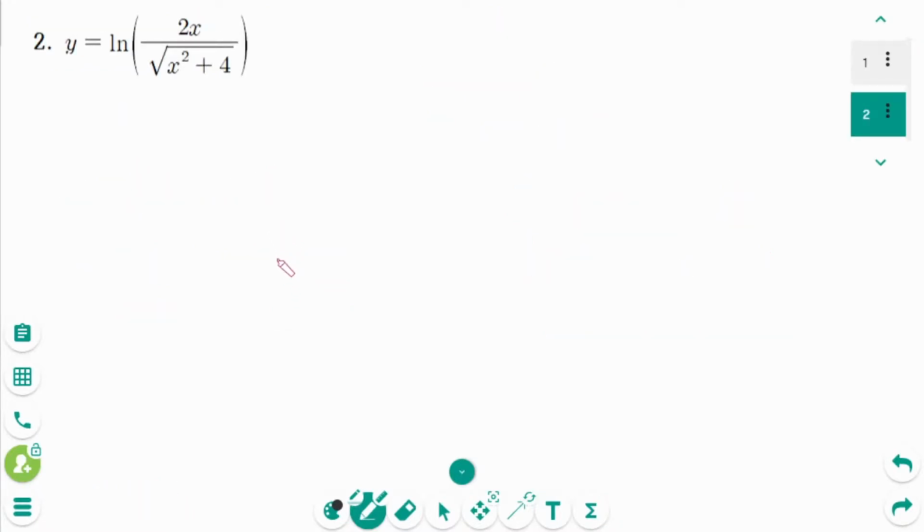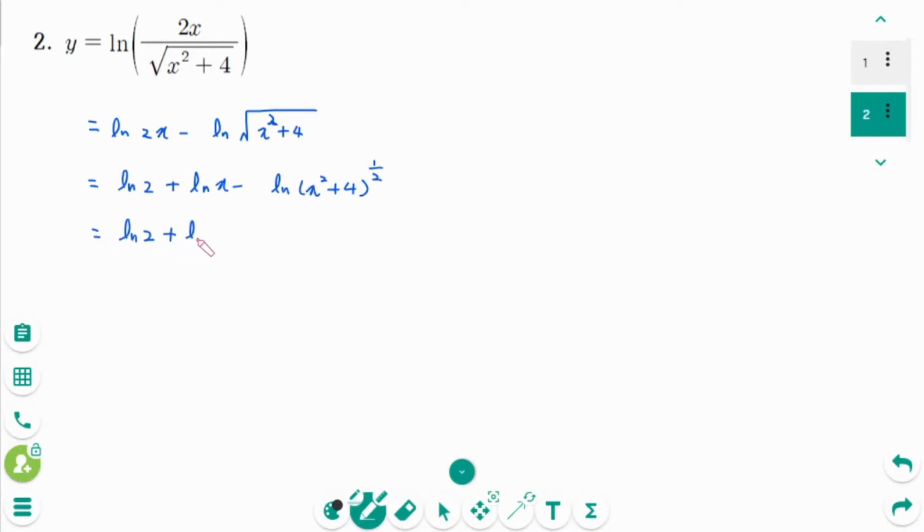Question 2. Using the logarithmic property, y equals ln 2x minus ln square root of x squared plus 4, which equals ln 2 plus ln x minus ln of x squared plus 4 to the power of 1 over 2, which equals ln 2 plus ln x minus 1 over 2 ln of x squared plus 4.